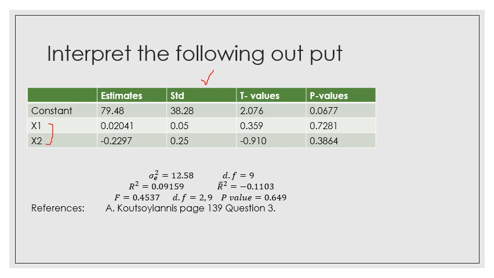These are the t-test values, and these are the p values, and you can see the standard error of regression, degrees of freedom, R square, coefficient of multiple determination, adjusted R square, which is negative, the value of F is this, and the p value is this. This example is taken from the book, from page number this, and this is in SPSS output.